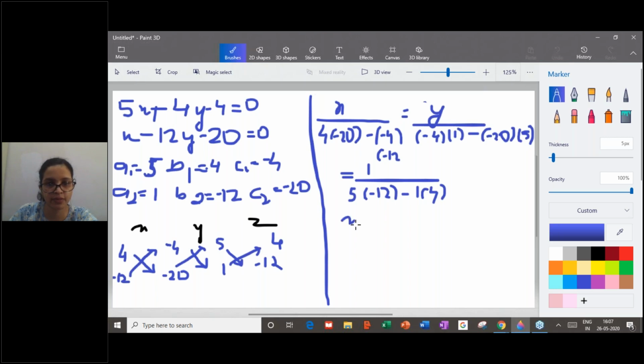Correct? Now I'm going to simplify, so it becomes x by minus 20 into 4 is minus 80. And this becomes plus, but then there's a minus sign outside, so it becomes minus 48, right? This is equal to y by minus 4.